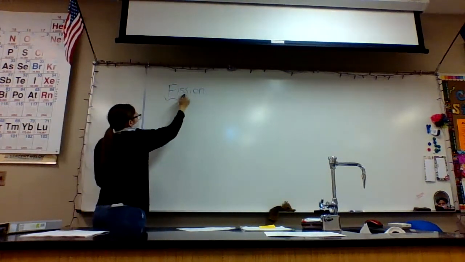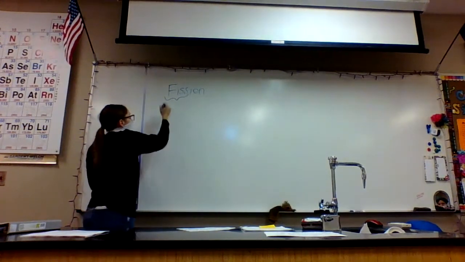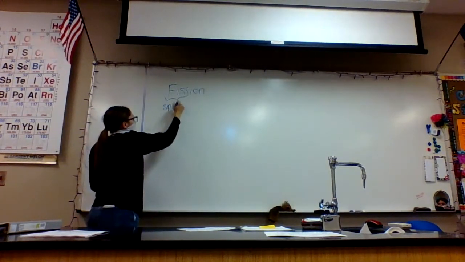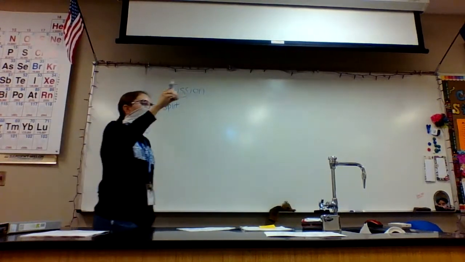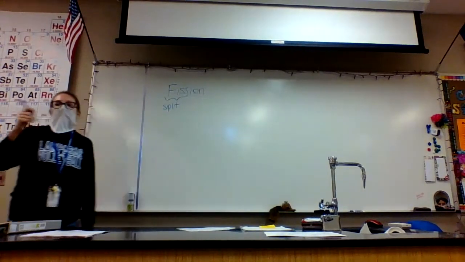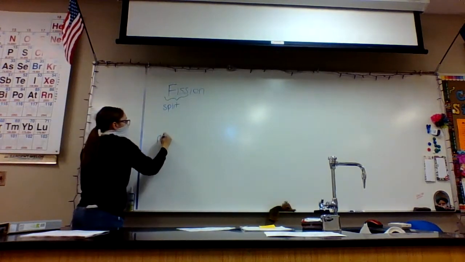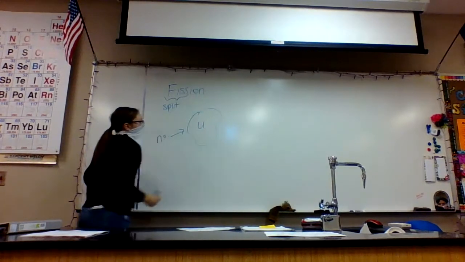What did we say that fission means? To split, okay? So we know that fission is going to split something. What particle starts it all? A neutron, okay? So I have a neutron, and it's going to hit that big unstable uranium atom, okay?